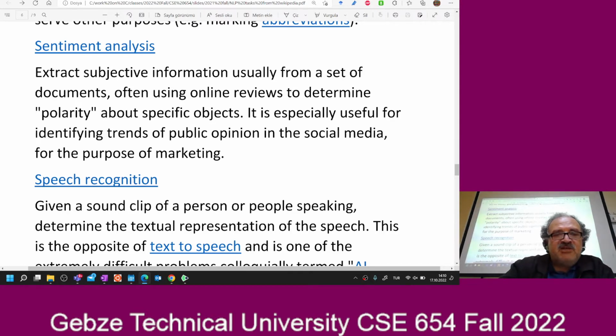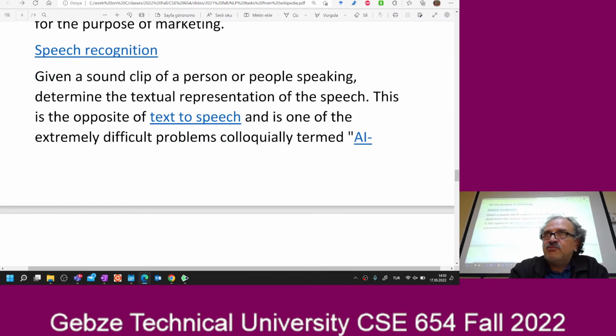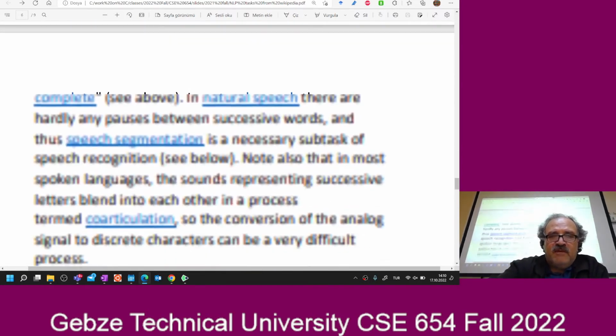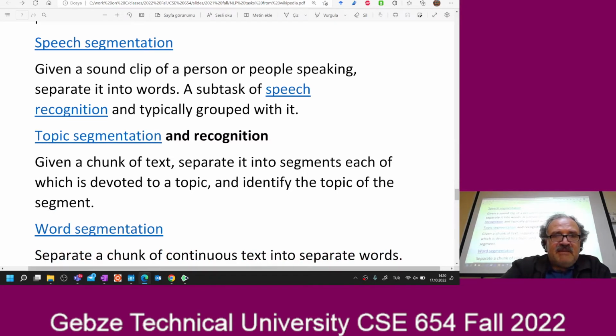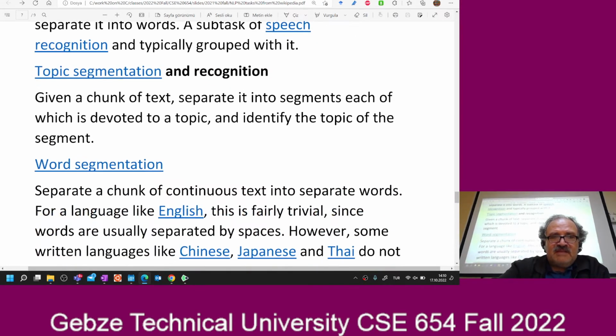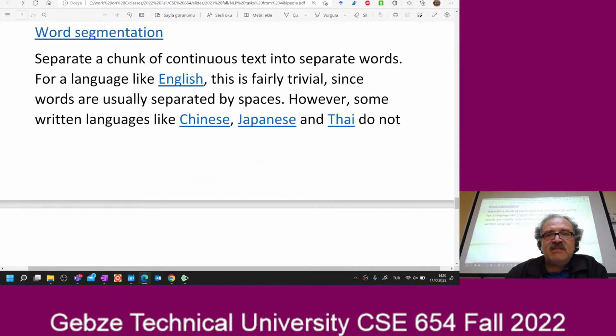Okay. Speech recognition, well, it is not natural language processing exactly, but with the addition of natural language processing techniques from audio to text, we use lots of natural language processing stuff. Speech segmentation is something to do with word segmentation, which is a problem that doesn't exist in Turkish or English, but in some languages like Chinese, Japanese, Thai, okay, they don't have spaces.